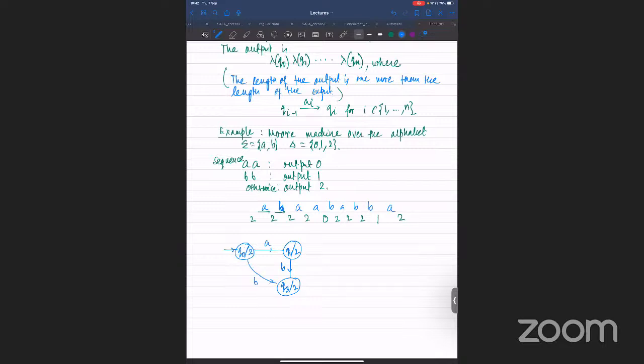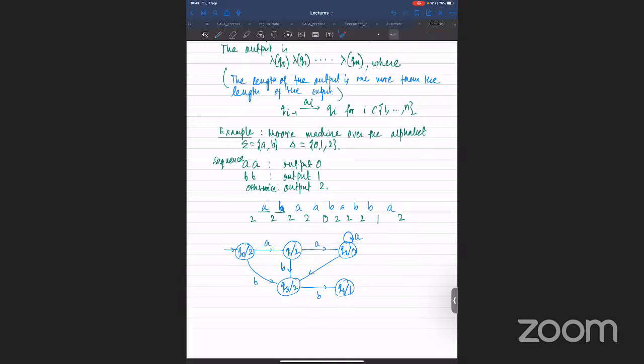So I have seen one B, and I have to remember that. If I see another B now, then I should output 1. But if I see an A from here, then I should output a 0. And if I see A, I'll keep on outputting this. I think you should try to do it yourself, but just check.